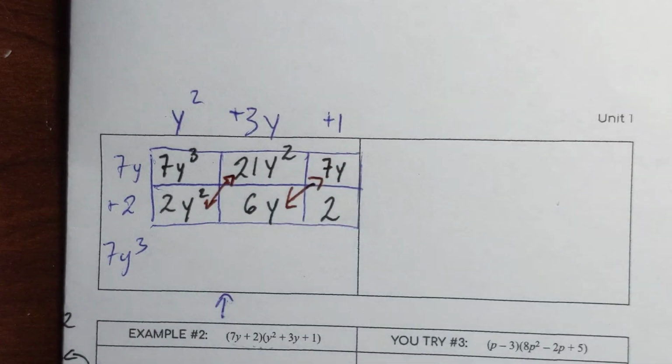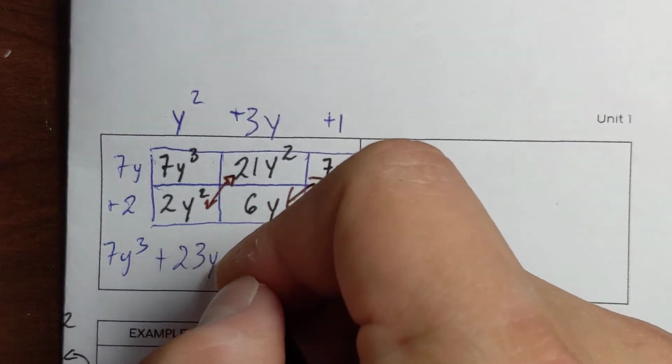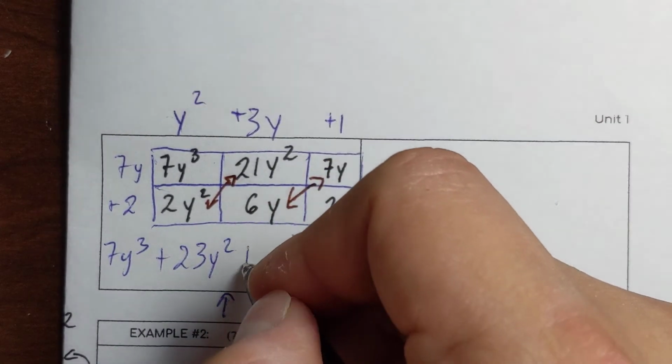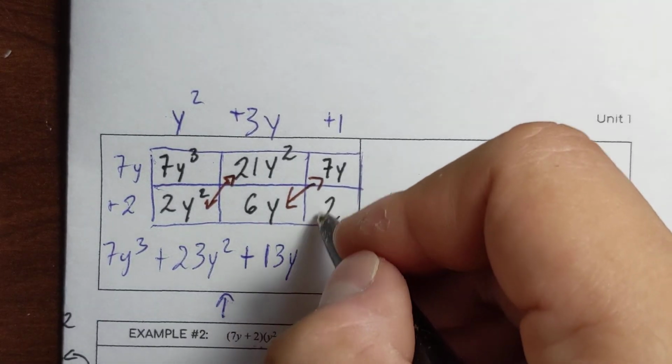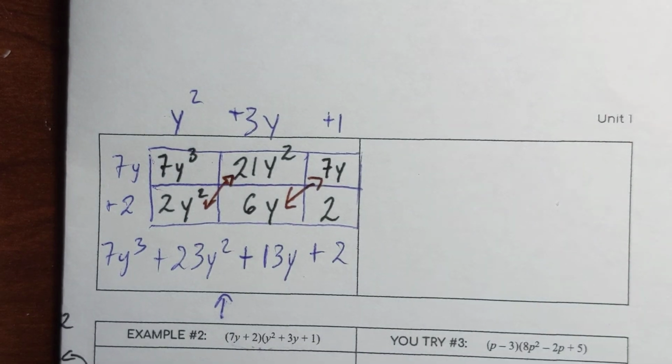Add those two, it should give you 23y squared. Positive 6y plus 7y, it should be plus 13y. And then positive 2, just going to be positive 2. That's how awesome it is.